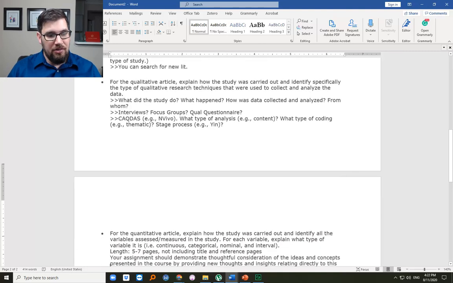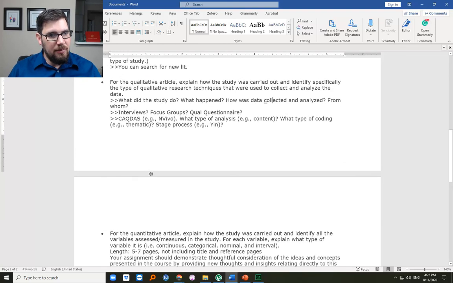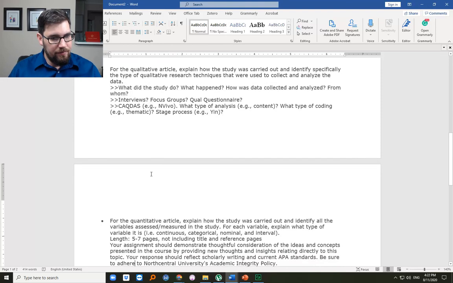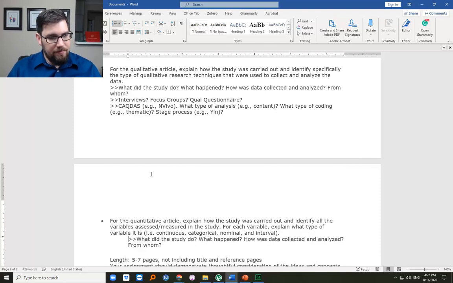For the quant article, explain how the study was carried out. Again, we're just going to grab this info. And note that the quant bullet here asks for a little bit more.